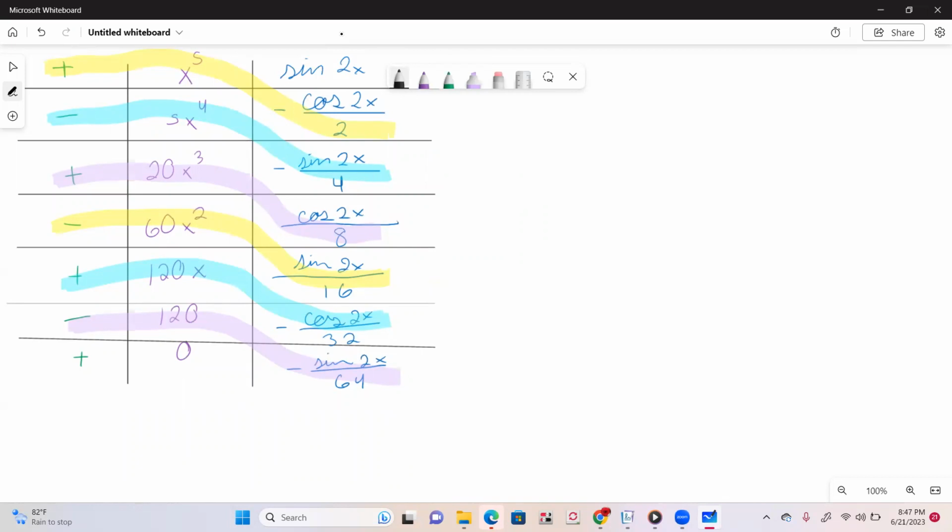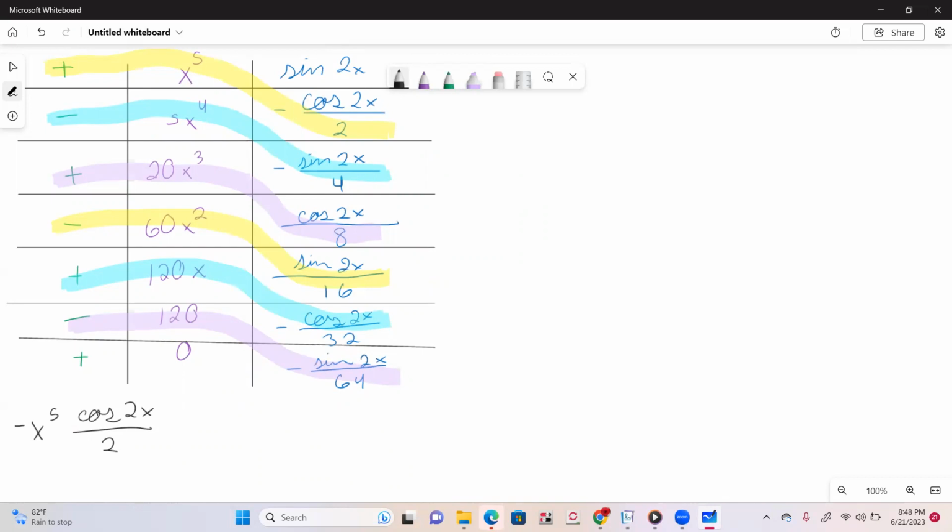x to the 5th times negative cosine 2x divided by 2 times positive sign is going to be negative x to the 5th cosine 2x over 2. These are multiplied by each other.